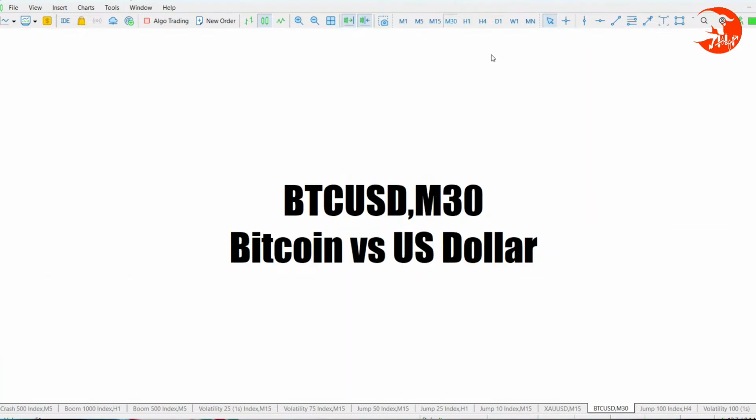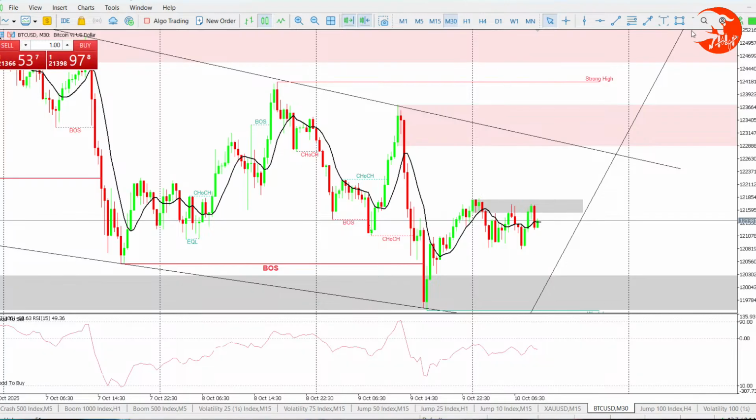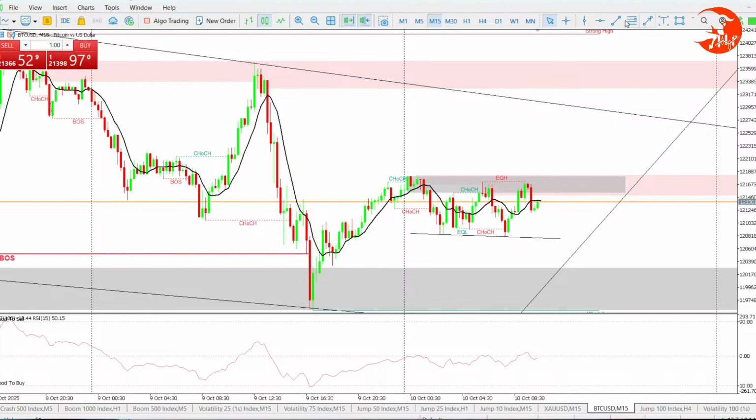In fact, if you go to M30, it's another chart pattern that we can consider. In fact, go to M15. Let's try to work it out like that and see what's happening.